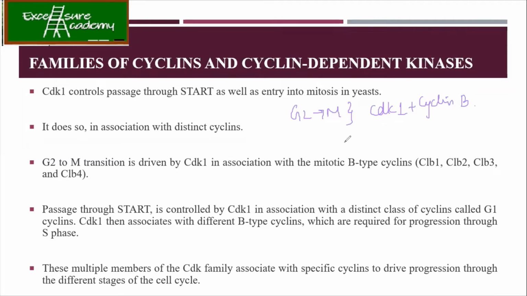Now, for G1, we have CDK1 plus G1 cyclin. Clear? So these multiple members of the CDK family associate with specific cyclins to drive progression through the different stages of the cell cycle. As the name says, cyclins are responsible for different phases of the cell cycle. Okay, so this is the summary.